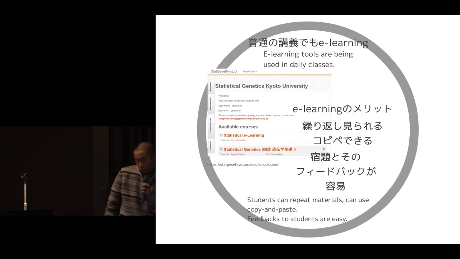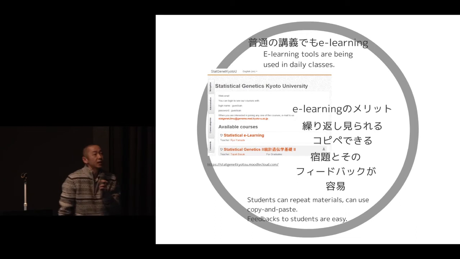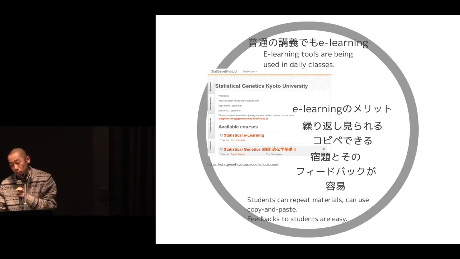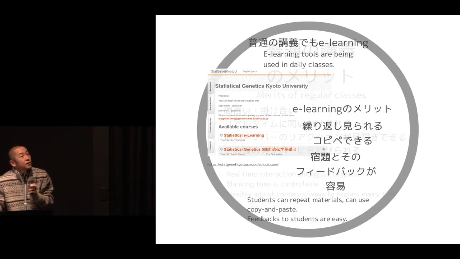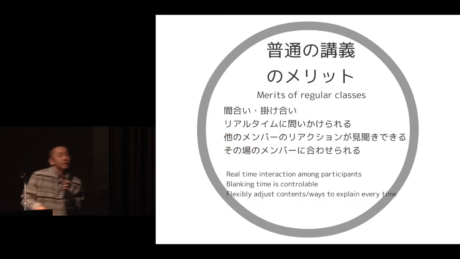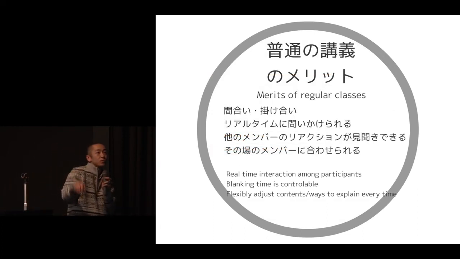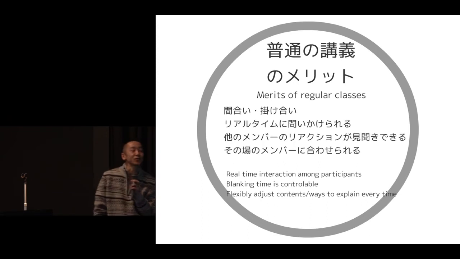So this is interactive as well. So what is a true advantage of MOOC? It's not the e-learning feature. The true core value of MOOC lies in here. So this is a feature.